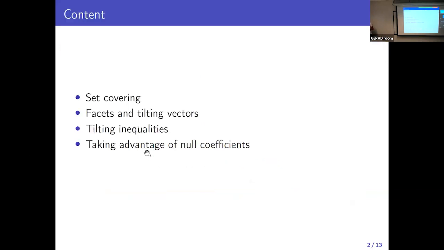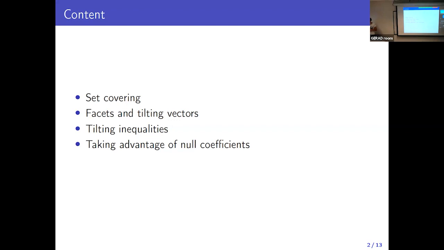So the content of this presentation is going to be the following. I'm going to start with a brief introduction on what the set covering problem is and some mathematical objects that will be used during the presentation. Then I'm going to dive a bit into the subject of the inequalities, the facets, and introduce the main mathematical object of the presentation, which is the tilting vectors.